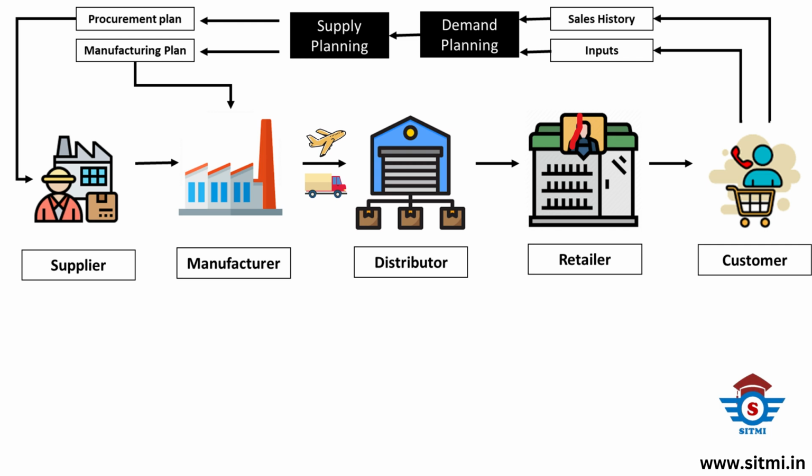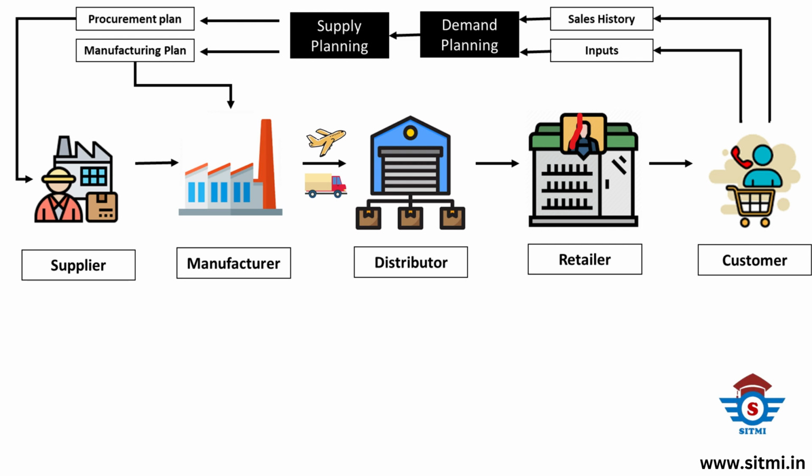First is the procurement plan, which goes to a supplier in the form of purchase orders. So whatever we have to purchase from an external supplier is basically the procurement plan. Second is the manufacturing plan, which goes into the manufacturing department, and based on that manufacturing plan and the raw material received from the supplier, the manufacturing or building of the product starts.